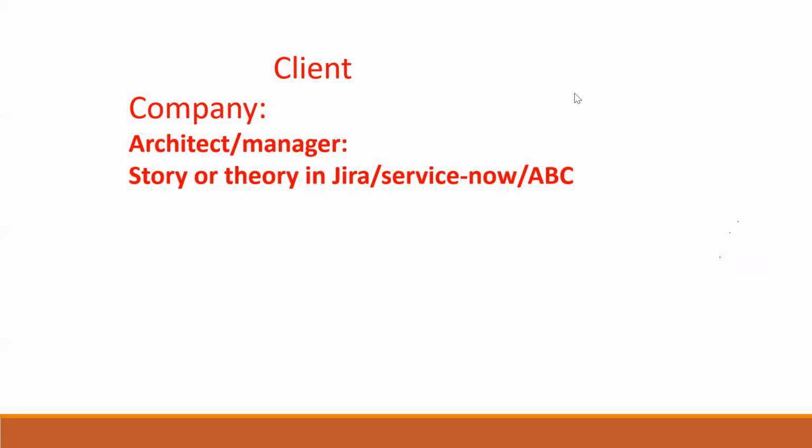So they are going to assign the task in the Jira board. Who is going to assign? Architect or manager or scrum master, depending upon the organization. What is the next step? Once they assign the story, what will we do?